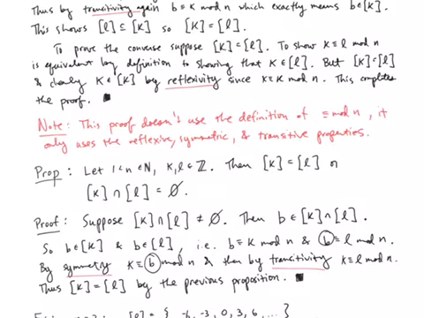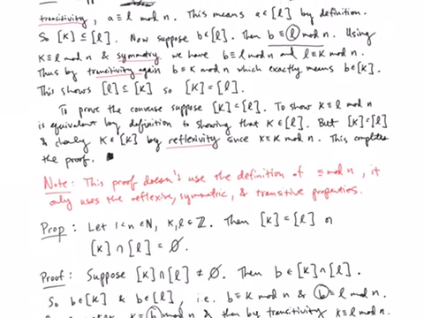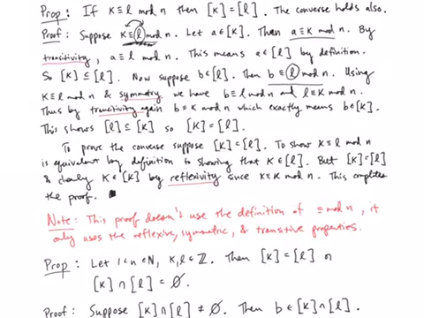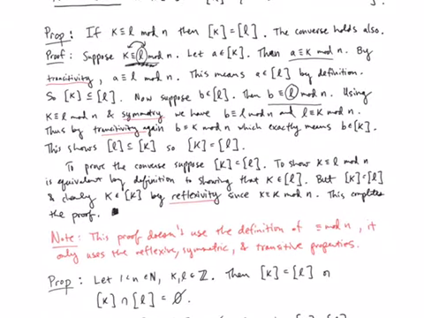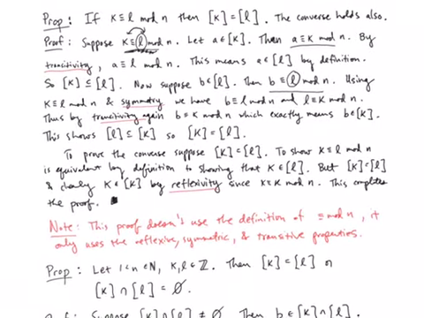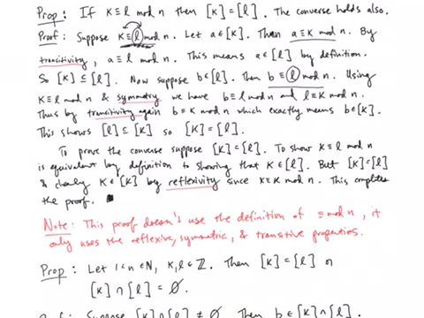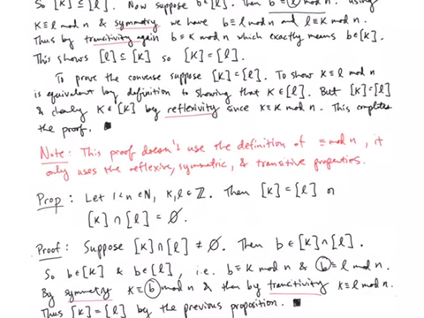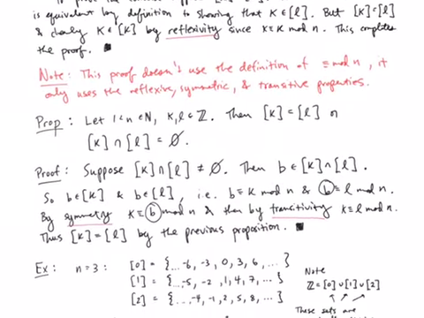So they either intersect completely or not at all. That's the second proposition, and the first proposition tells us exactly when the equality case happens. If you have equality of the equivalence classes, that means k and l must themselves be equivalent, and that's an if and only if.